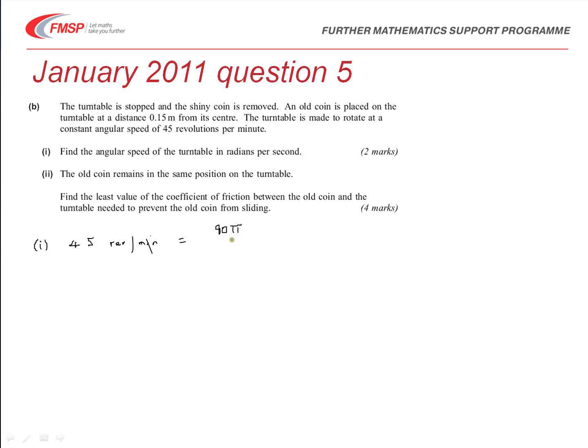So if we want that in a second, we will have to then divide that by 60. And so that simplifies to 3 pi over 2, and that will be radians per second.